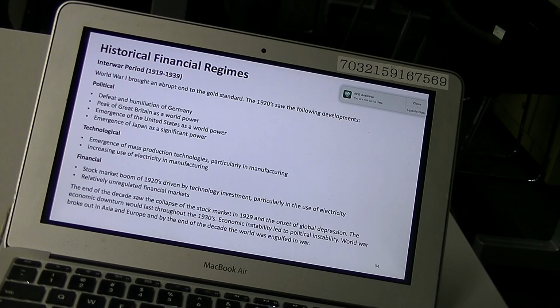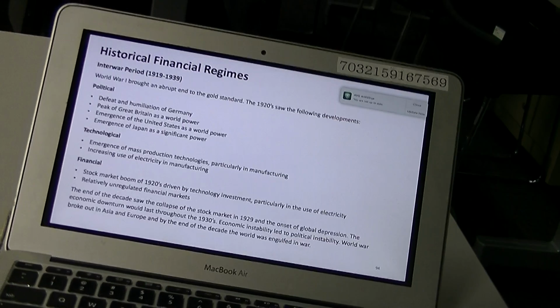The United States emerged as a world power after World War I. Japan became significant as a political power after World War I. Of course, as you know your Japanese history, Japan defeated Russia in 1905. That was really the emergence. That had a major impact on bringing Japan to prominence as a significant international power, and that grew after World War I.